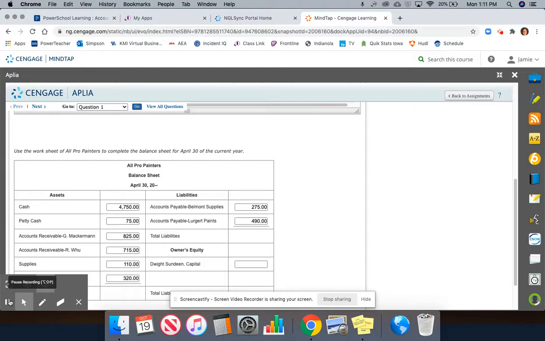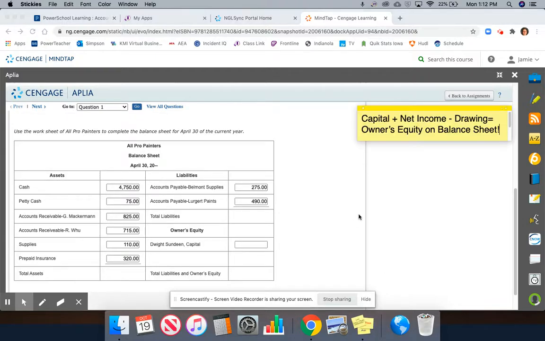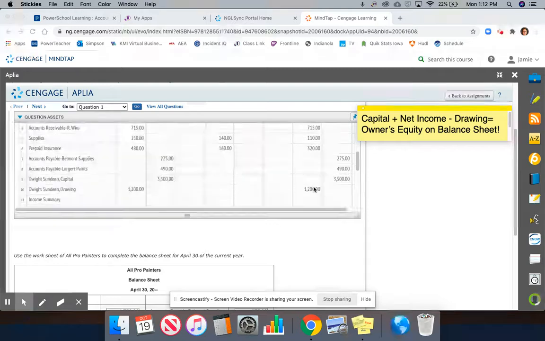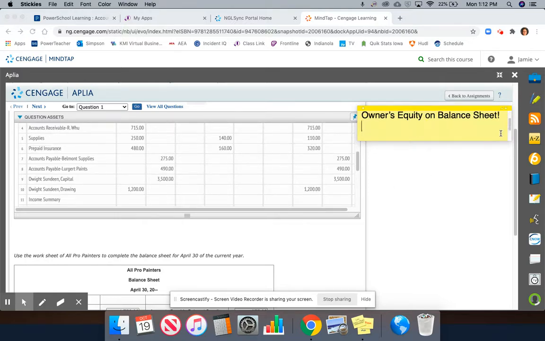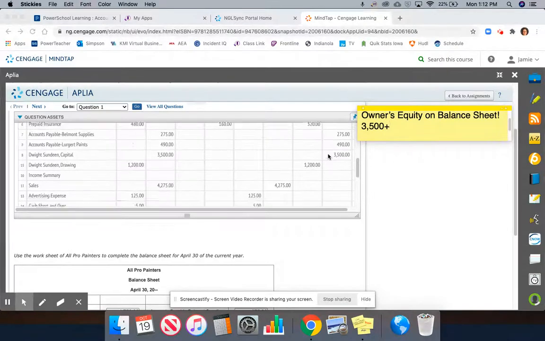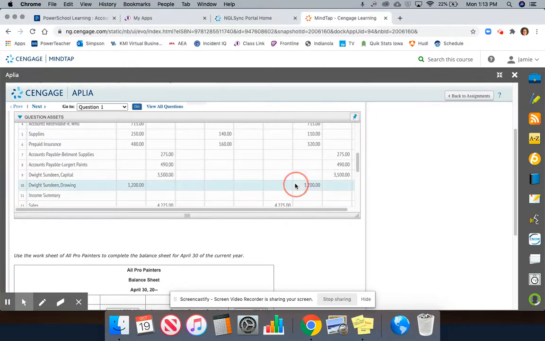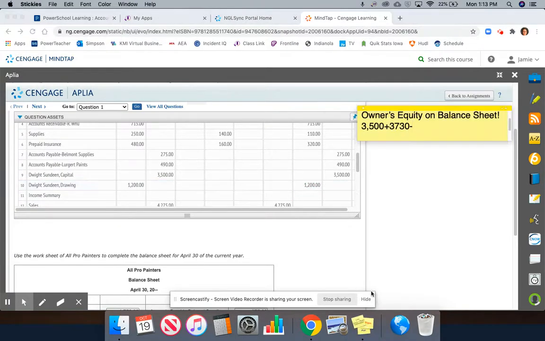or net loss. So as you remember, our equation is our capital amount plus net income, which we have on ours, minus the drawing. So the first amount we'd have, our capital amount, we do $3,500 plus our net income, $3,730 minus our drawing, $1,200.